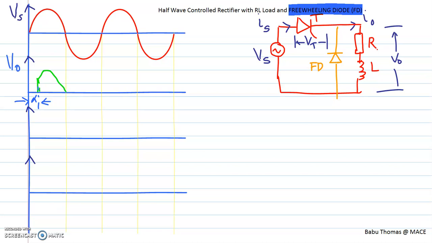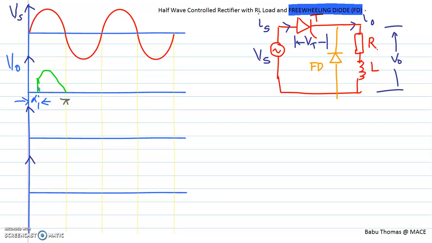When it reaches the angle pi, the input supply voltage has reversed its direction. But what has happened to the current? The current will not reach zero because this is an inductive load. Since the current has not reached zero, it is much above your holding current, and therefore the system continues in the conducting state.